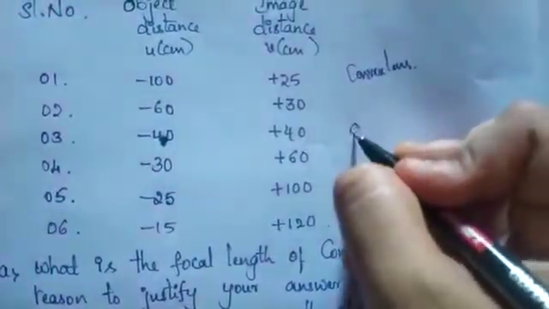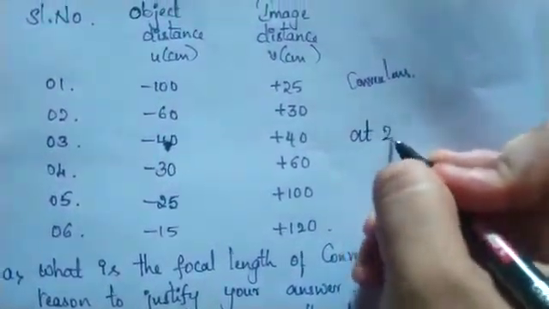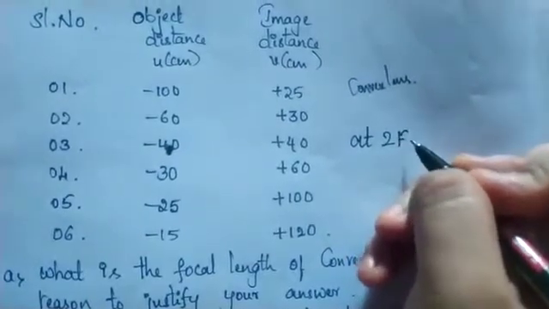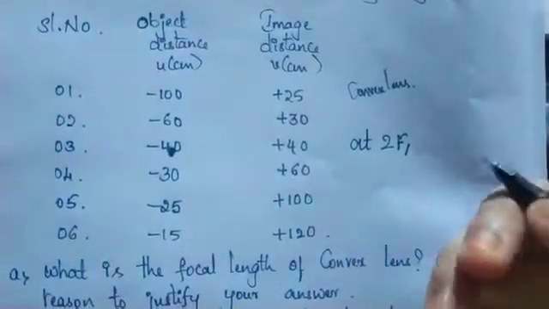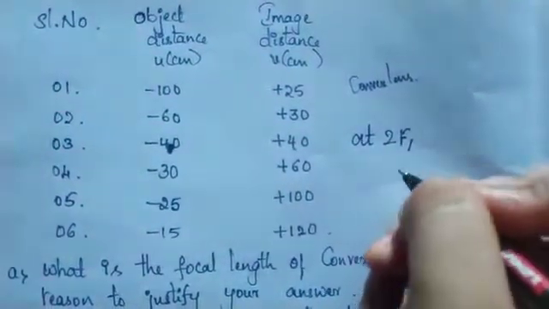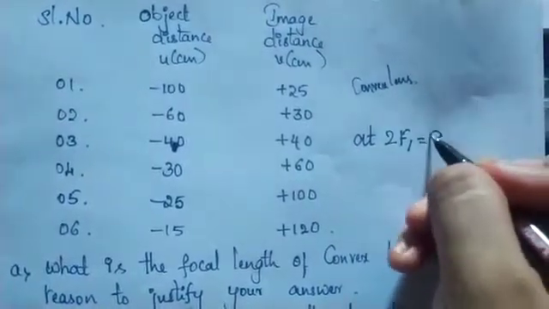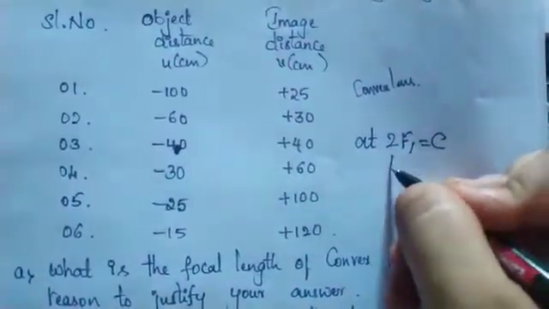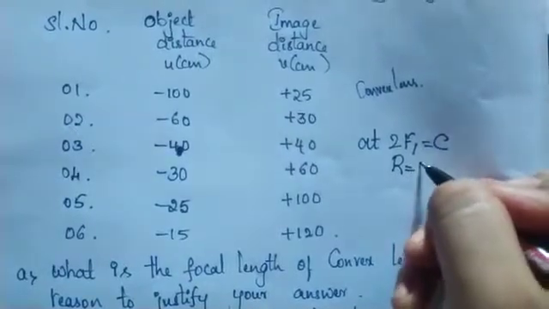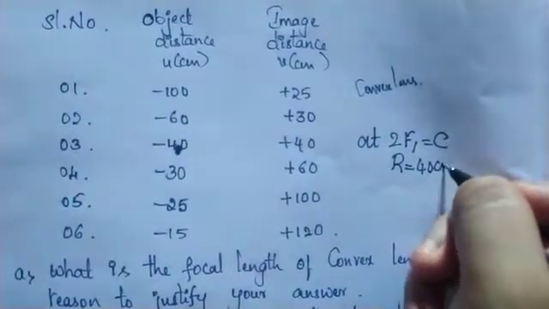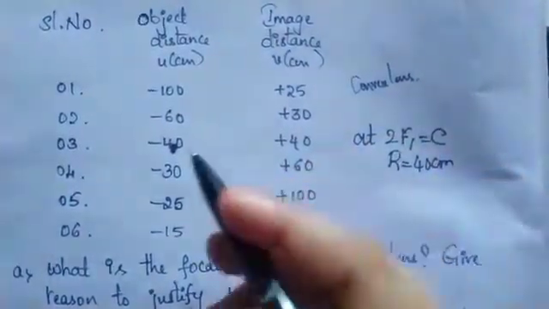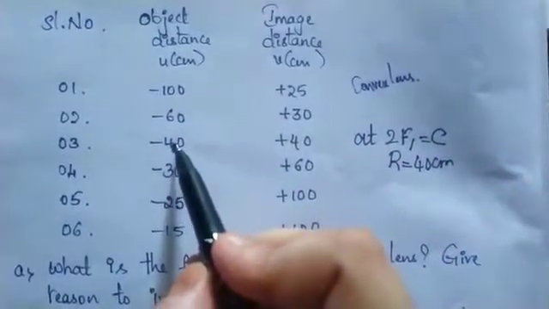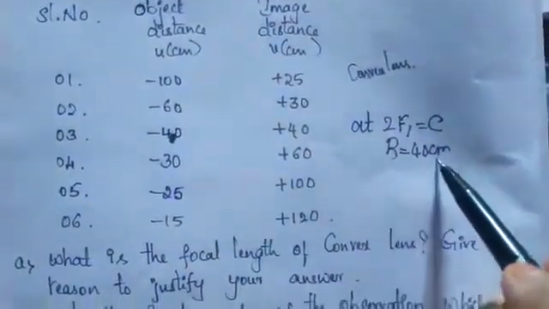When object distance and image distance are the same, it means the object is placed at 2f1. When the object is placed at 2f1, that is the center of curvature, then that distance is equal to the radius of curvature. I think you will agree with this. The object distance given is the radius of curvature.